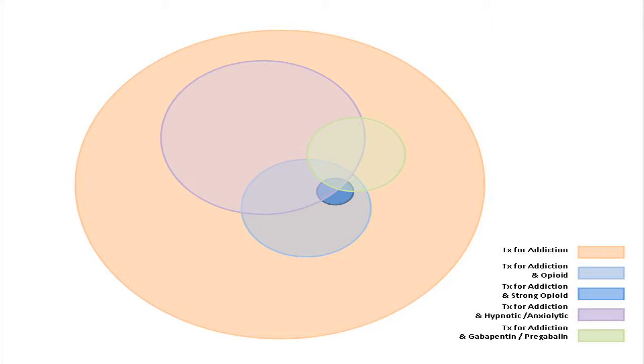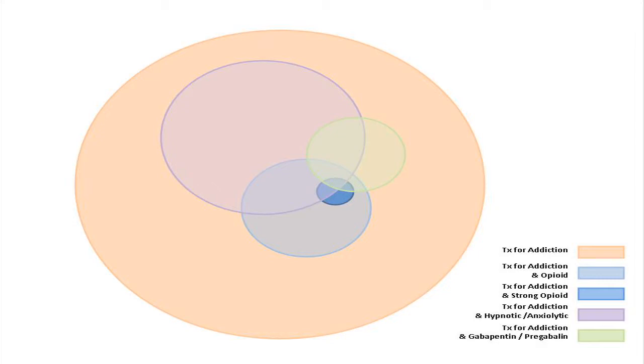So if we go into the data set and look for the number of patients who have been prescribed methadone or Suboxone, there's around 9,000 in Greater Glasgow and Clyde. So that bubble is 9,000 people.